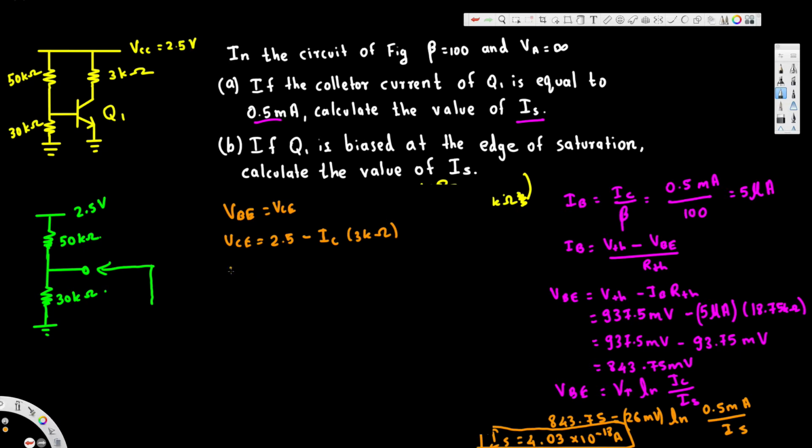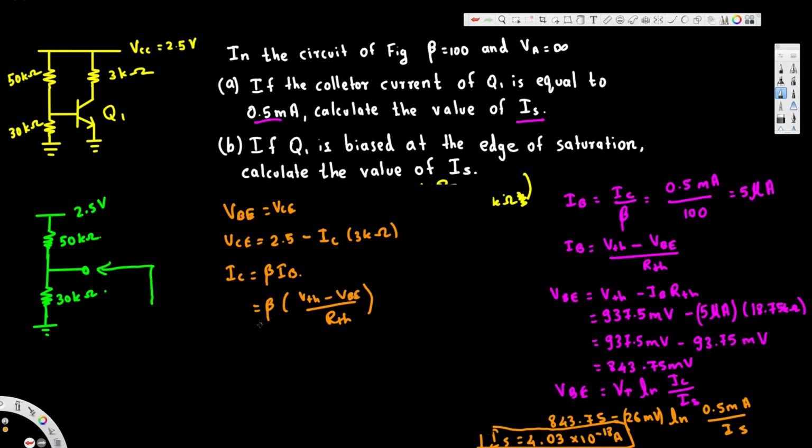Now IC can be written as beta times IB, and instead of IB, the base current, we can put VThevenin minus VBE divided by RThevenin.